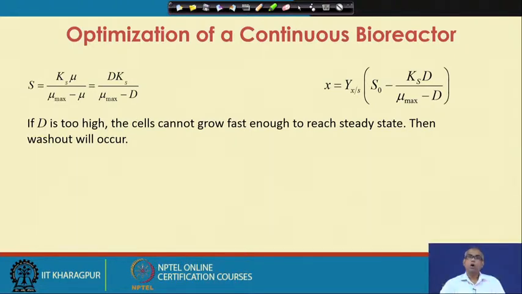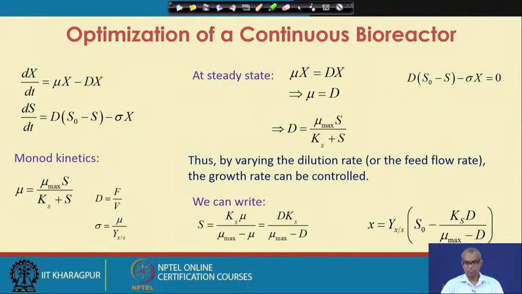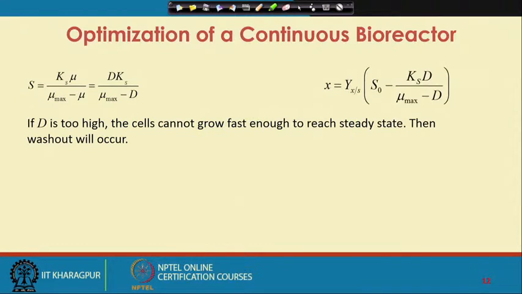So, we have now obtained the substrate concentration expression as well as cell mass concentration expression for a given dilution rate. So, for a given dilution rate, you can rearrange these equations and can obtain closed form expression for substrate concentration as well as cell mass or biomass concentration.